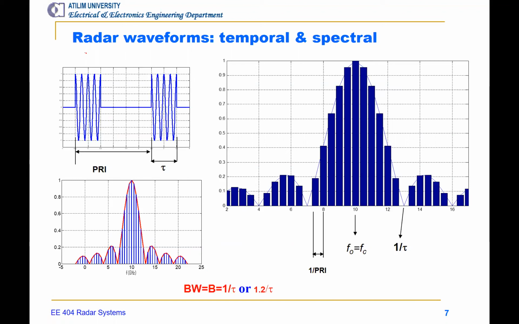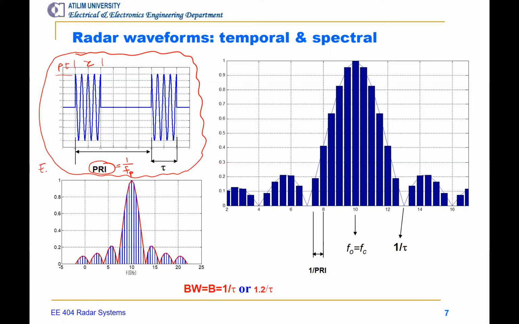Here we see a radar waveform whose, for example, peak power is Pt, the duration of the pulse is tau, and pulse repetition interval is Pr, which is 1 over pulse repetition frequency. It has an energy of EP, for example. It has a carrier frequency of Fc. These are the parameters that we have learned so far.